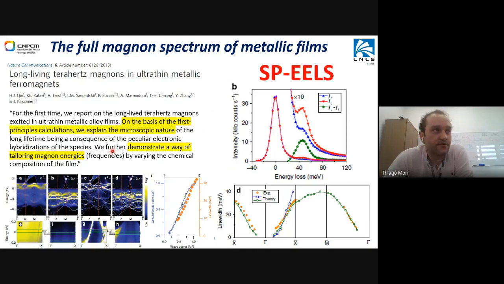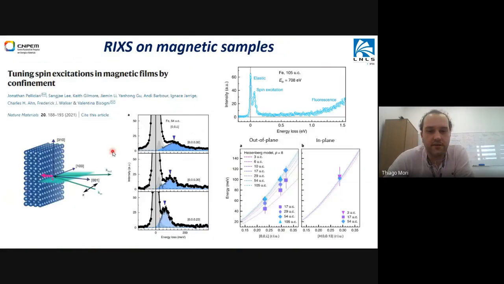But the technique they used is very surface sensitive. So it's very exciting that the new RIXS spectrometers around the world, one of them will be ours here at Campinas, are now measuring magnetic samples and showing that RIXS can measure the terahertz spin waves in these kinds of samples that before was very hard to do.